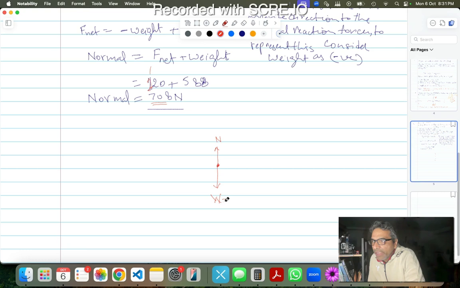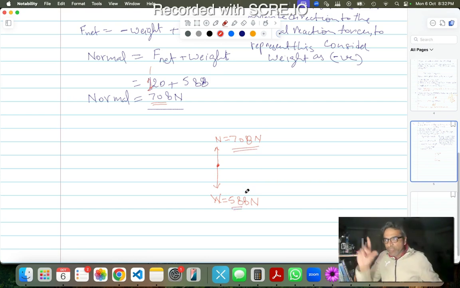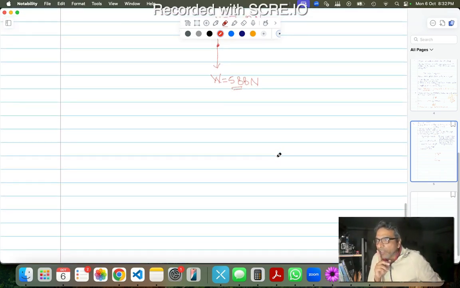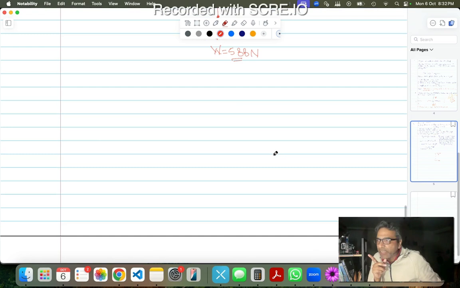We have already calculated this 588 Newton, and calculated this normal as 708 Newton, right? So that's how we draw the vertical one. There will only be two arrows acting on the object or the subject.